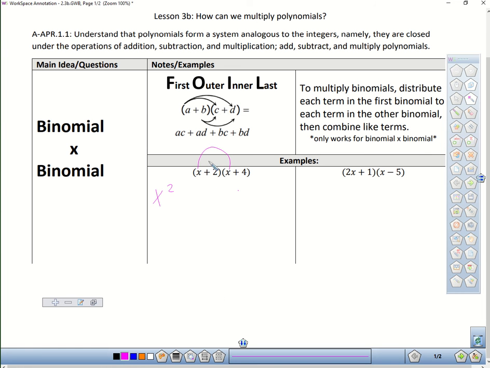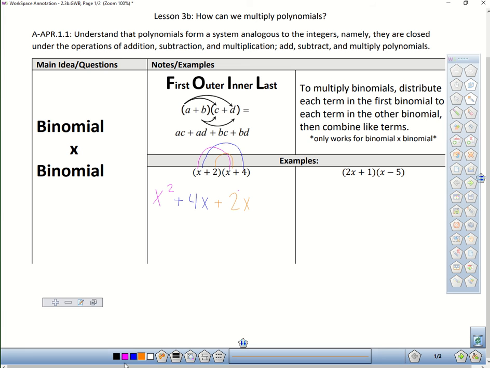Now we do the outer term, so that's the terms on the outside. Okay? Terms on the outside right here. That's x times 4x, which is 4x. Next we do our inner terms. So that's the two in the middle. That's 2 times x, which is 2x.